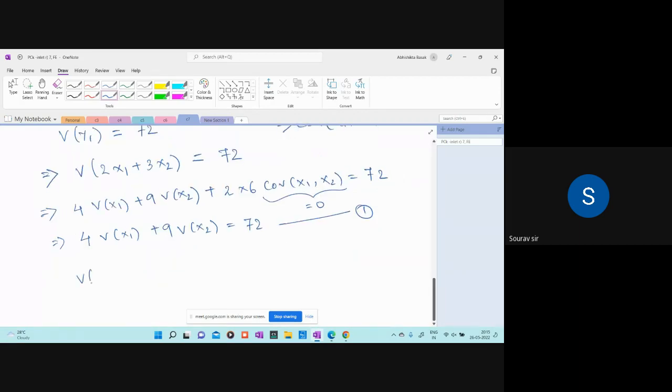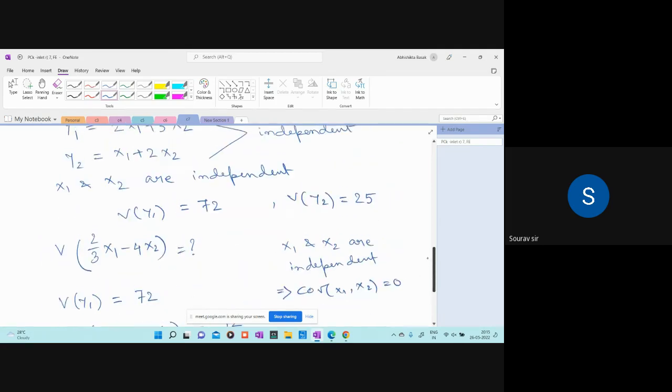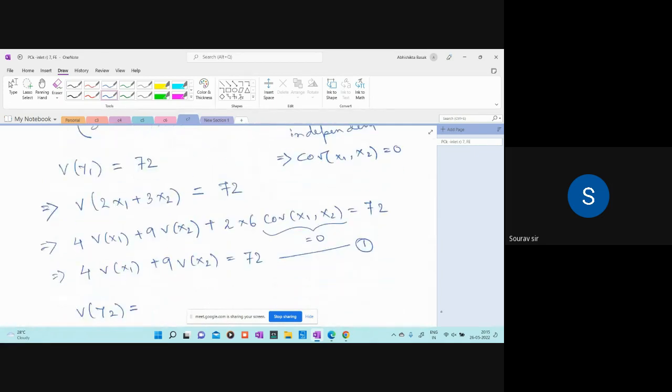Next, going for the variance of Y2, the value is 25, and it is X1 plus 2X2.